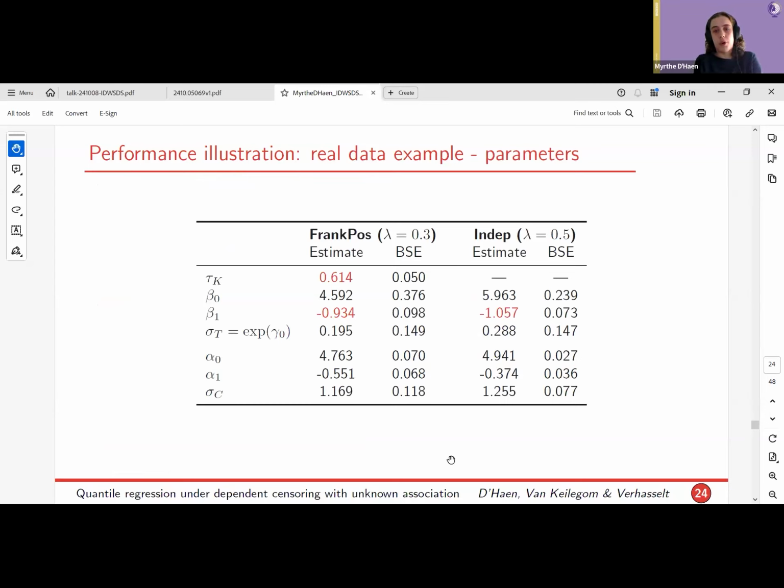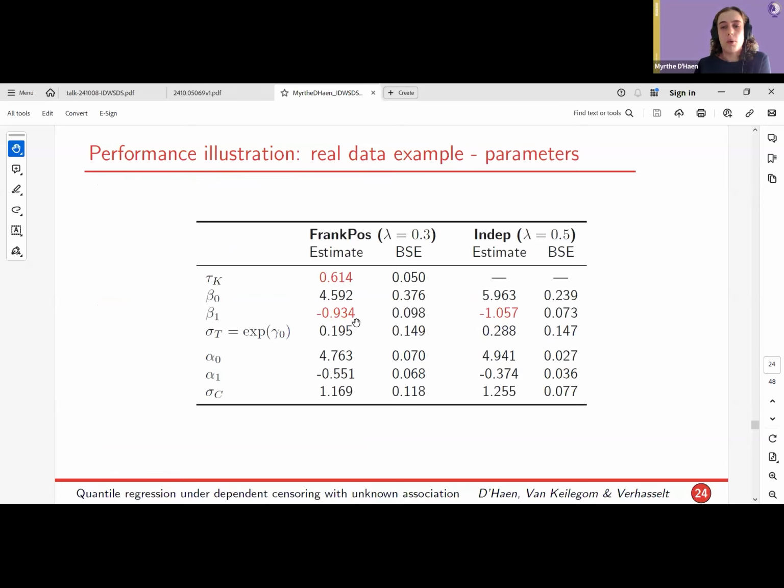Now, on the level of parameter estimates, what does this look like? First of all, Kendall's tau for the association is pretty positive. So this is in line with a positive dependence. On the other hand, the estimate for the regression coefficient beta 1, which corresponds to the Euclid score, is negative, both in the selected and in the independent model.